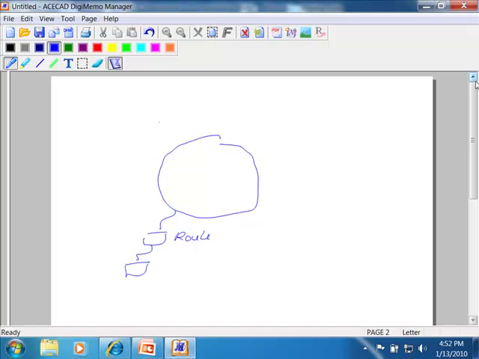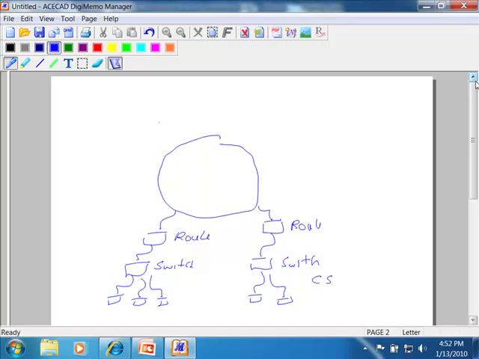Then we have a switch. And we have another router here. Then we have a switch, and so on. Now let's say that this is the computer center, and this is your lab here.